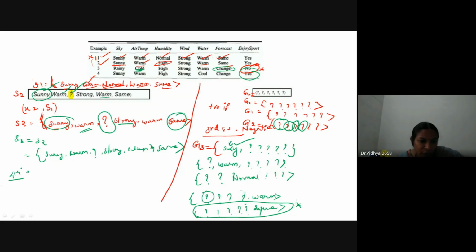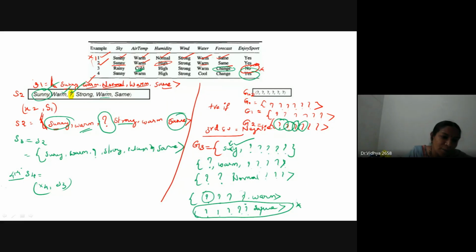How can we write S4? S4 can be a combination of S3 and X4. Again, I'm repeating the point: from X4 and S3 we are supposed to calculate S4.